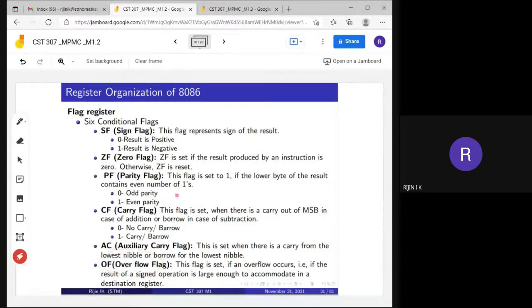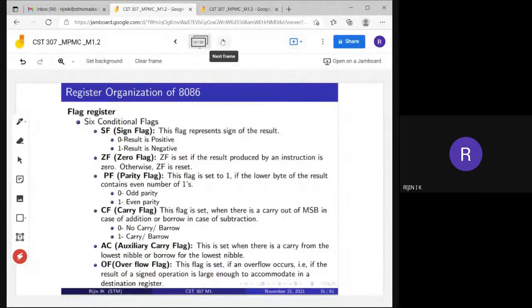After performing any operation, if any overflow occurs, then the overflow flag will be set. So these are the conditional flags: sign flag, zero flag, parity flag, carry flag, auxiliary carry flag, and overflow flag.